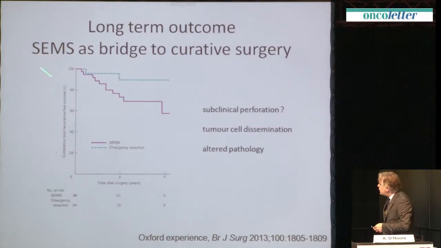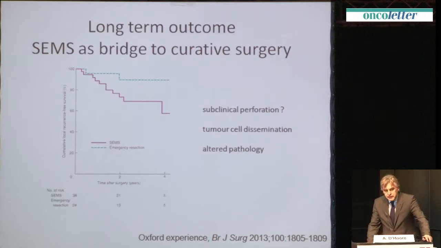Even when you can stent, they looked at local recurrence, and the stented group had quite a bit more local recurrence than the non-stented group. And they speculated that probably you can have subclinical perforation, maybe by putting in a stent, and with the pressure you get tumor cell dissemination, or you can alter the pathology.